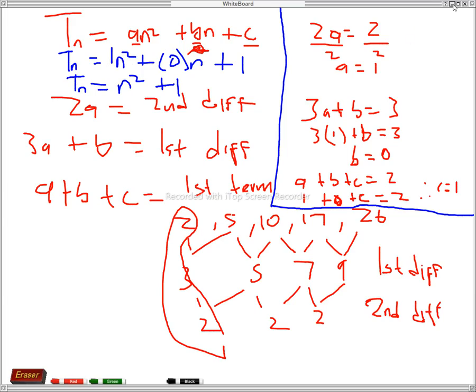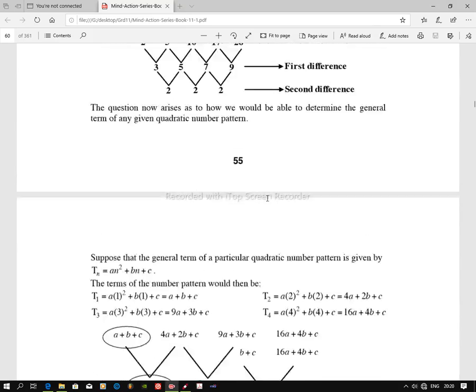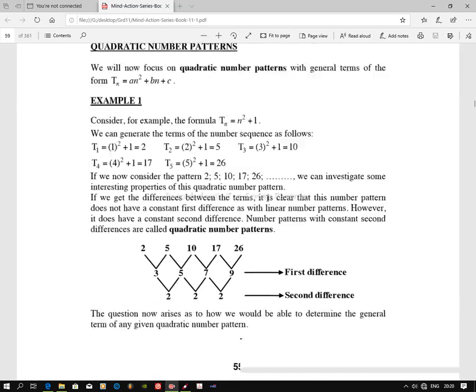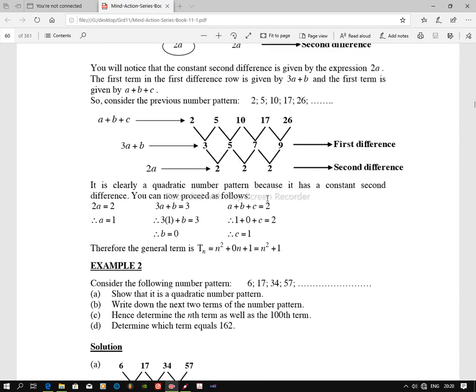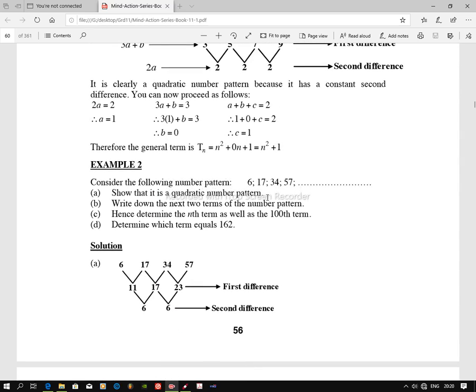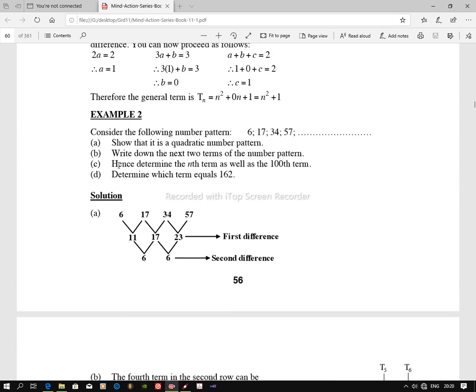Let me just check a second question, but let me see. Okay, even if they can ask you, you see here, hence determine. Okay, let me just see this example.